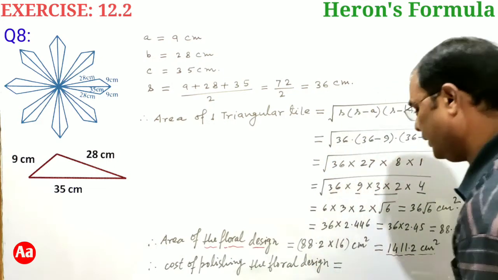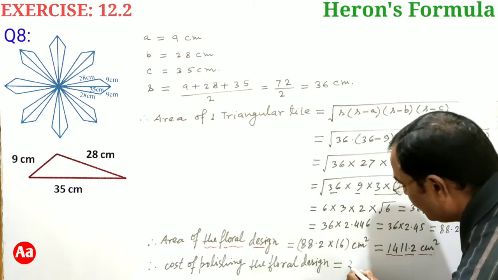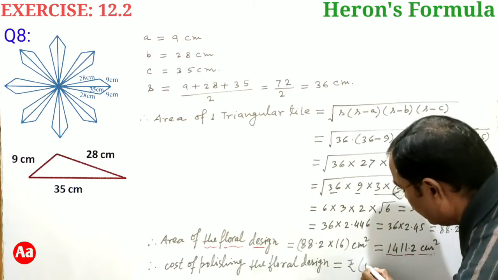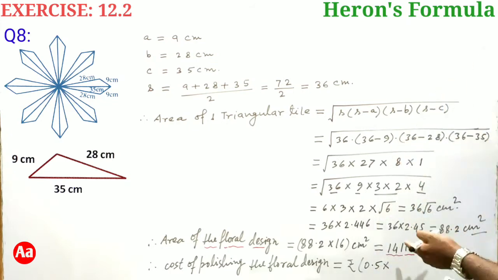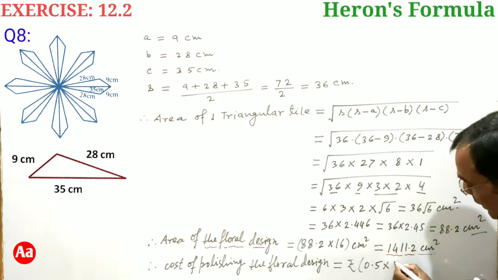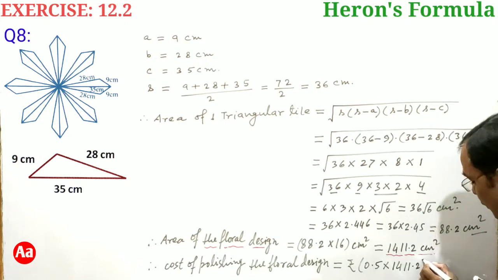This is equal to rupees 0.5 for polishing 1 centimeter square area, and the total area is 1411.2 centimeter square. So let's multiply it by 1411.2.